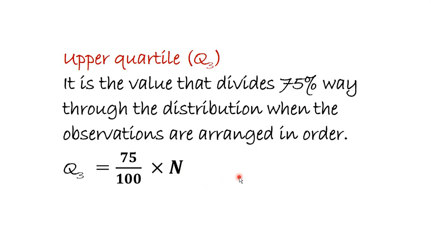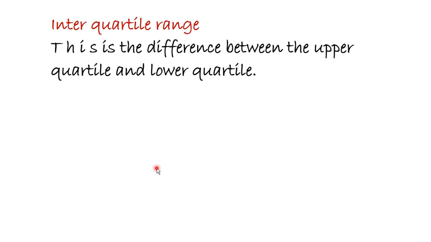Let's also talk about the interquartile range. The interquartile range is the difference between the upper quartile and the lower quartile. So the interquartile range is going to be Q3 minus Q1. That is the interquartile range, or what we just call the interquartile.